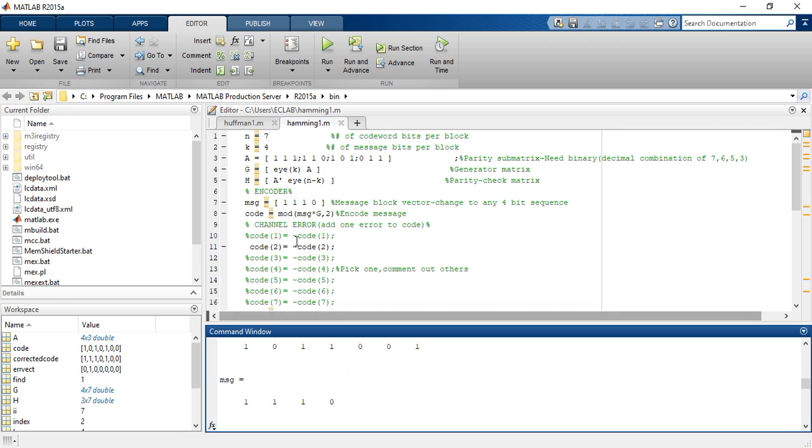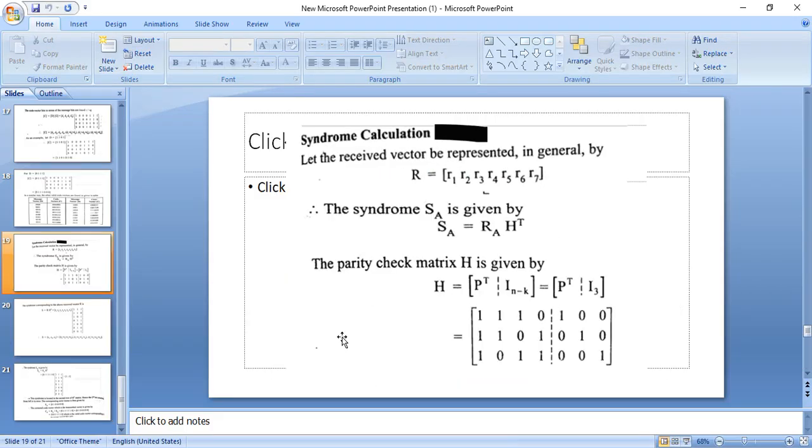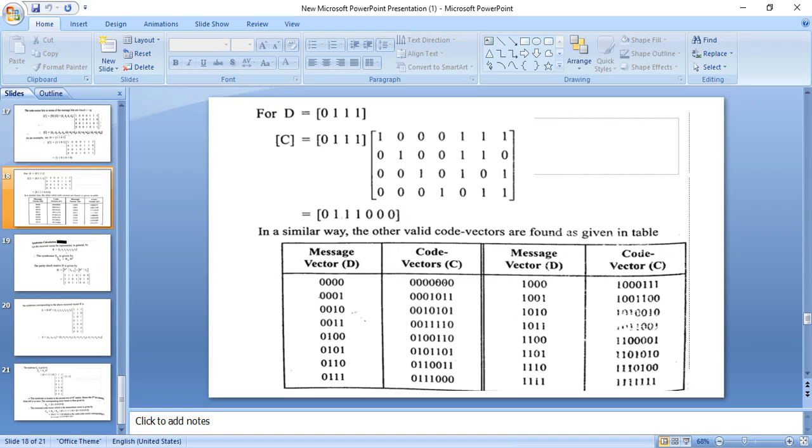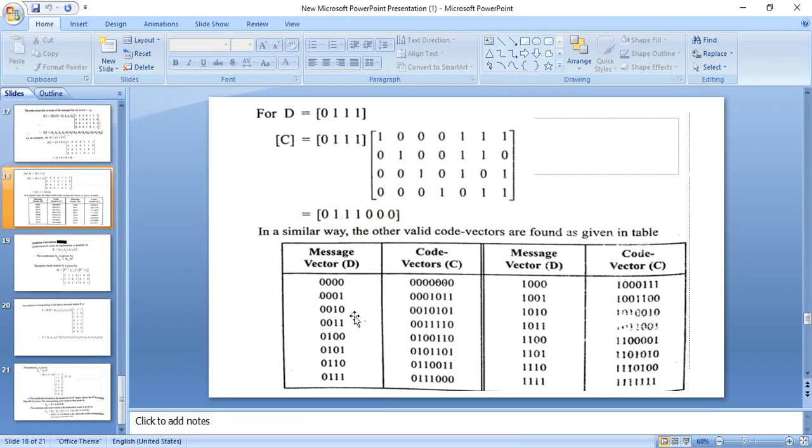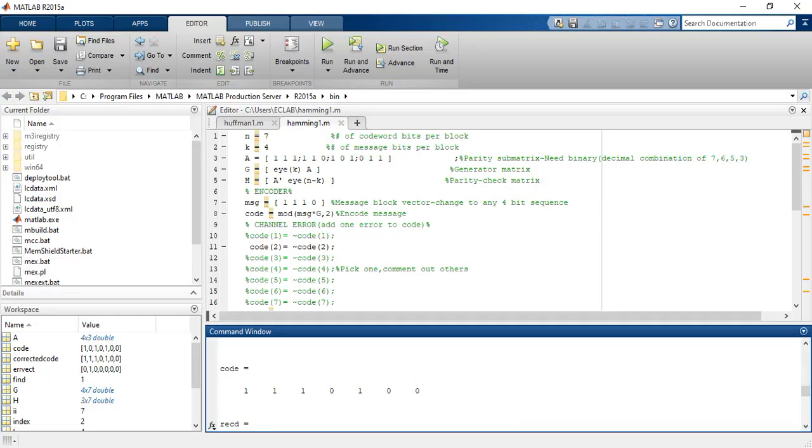Later the message is taken as 1110. What is the corresponding code vector? 1110 gives 1110100. You can observe the same value in this table also, the code vector.